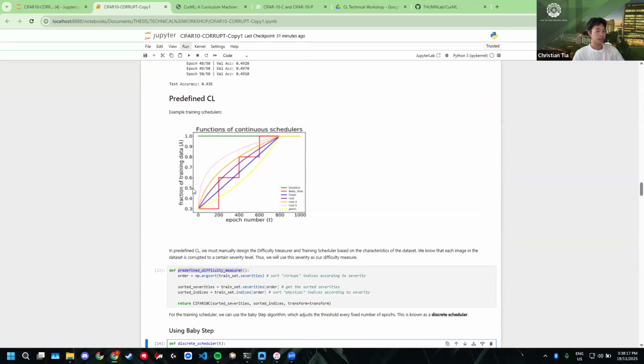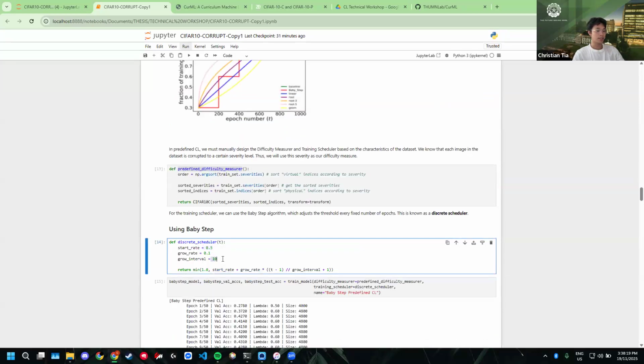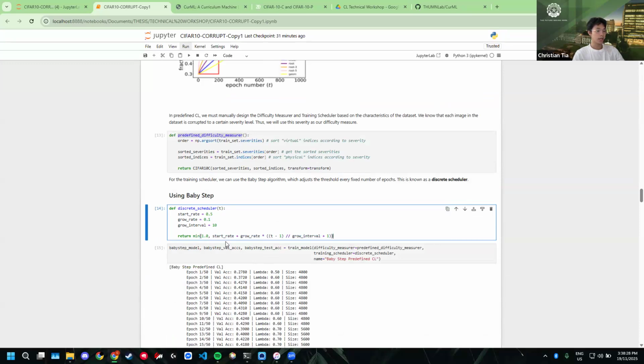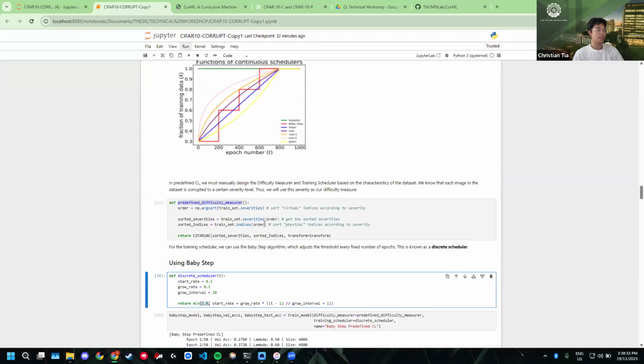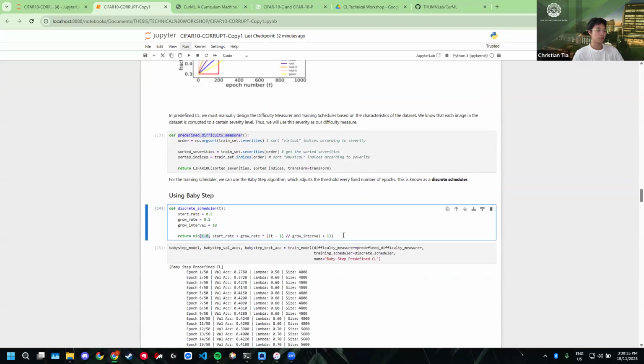So instead we'll start at a higher value, and then at every 10 epochs, we'd increase that lambda by 0.1. And that's what this function does right here. And also we cap it at 1.0 because since lambda is a proportion, it wouldn't really make sense to have greater than 1 proportion of the data set unless you're oversampling, I guess.